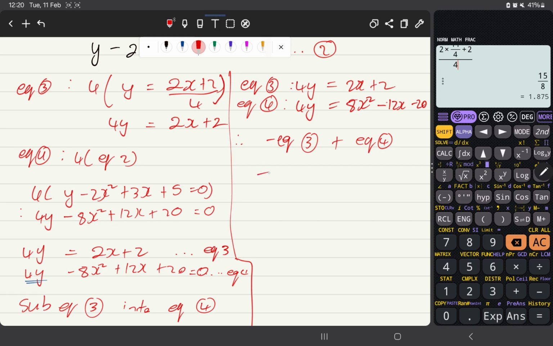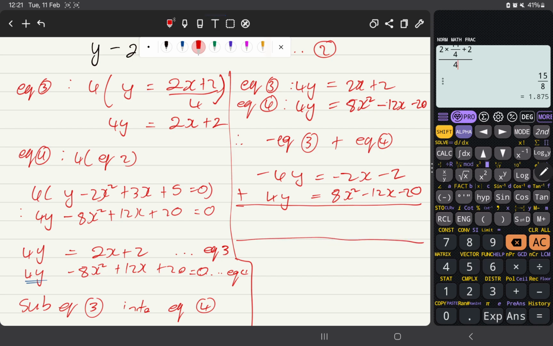If I do that, it will be minus 4y equals minus 2x minus 2, plus 4y equals 8x squared minus 12x minus 20. I do the maths. These two cancel each other, so I have 0 on that side. I have 8x squared minus 14x minus 22.